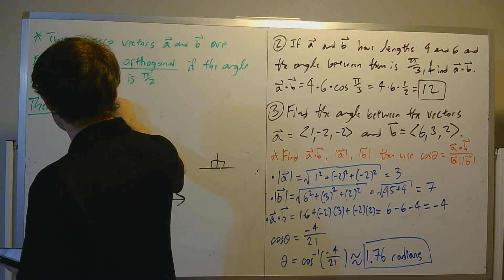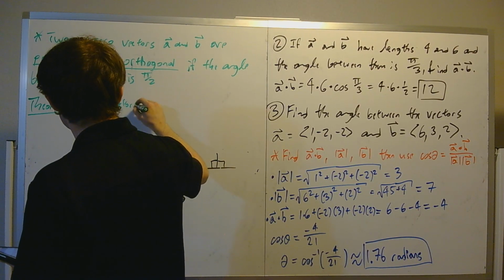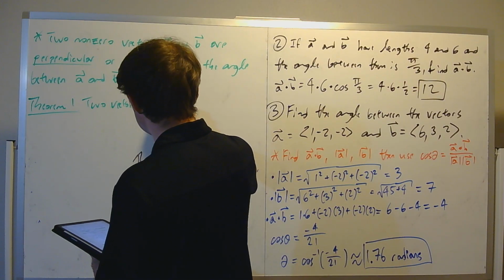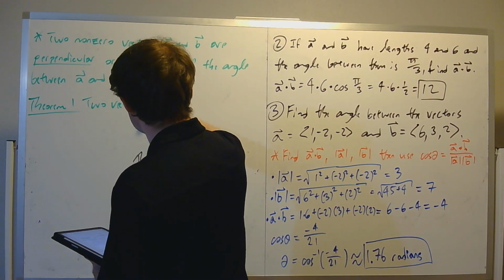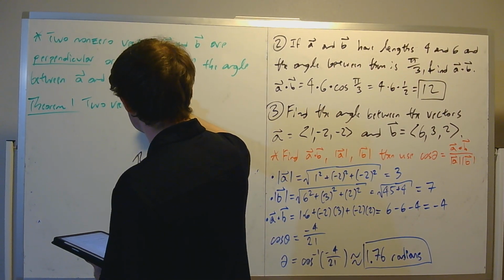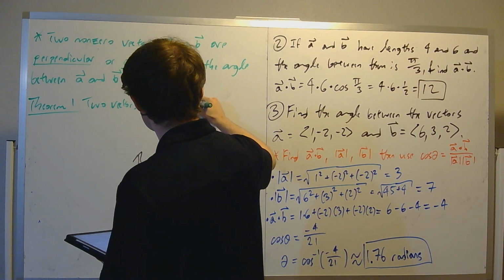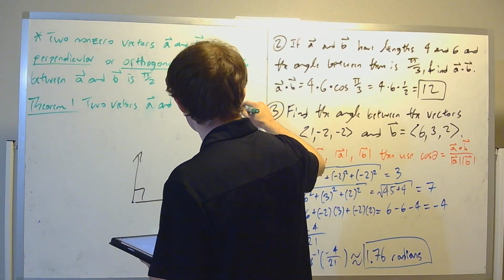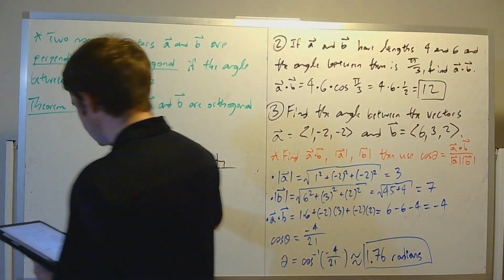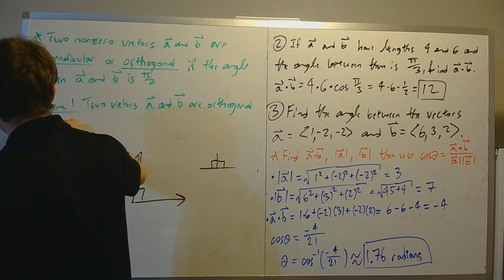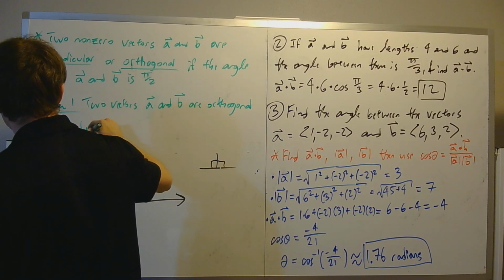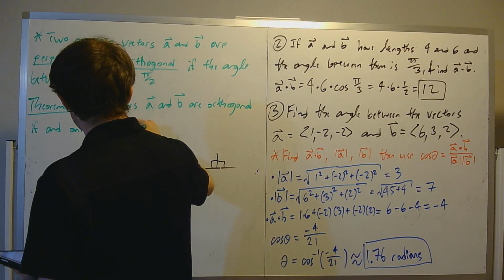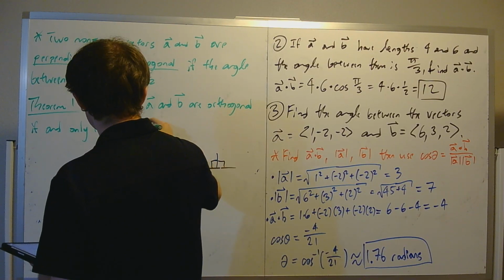Two vectors A and B are orthogonal if and only if A dot B equals 0.